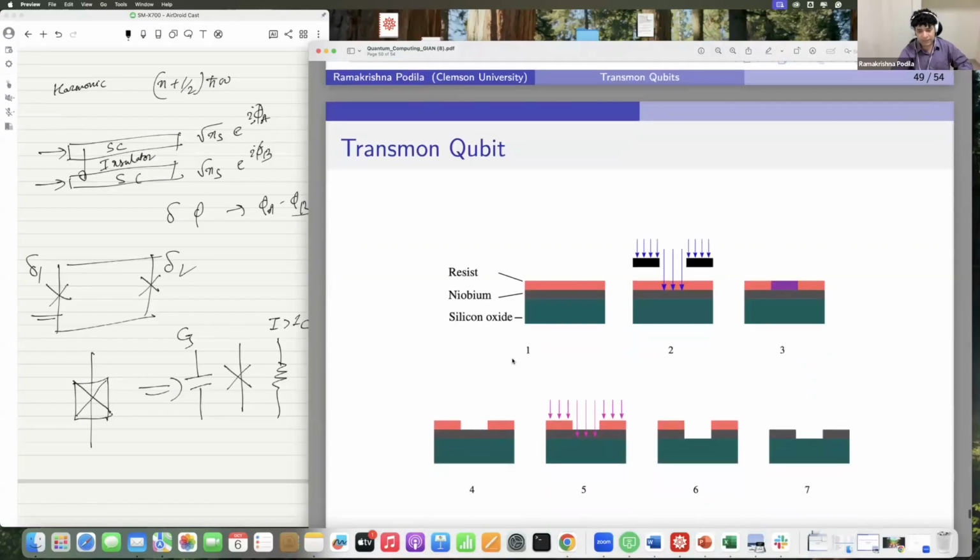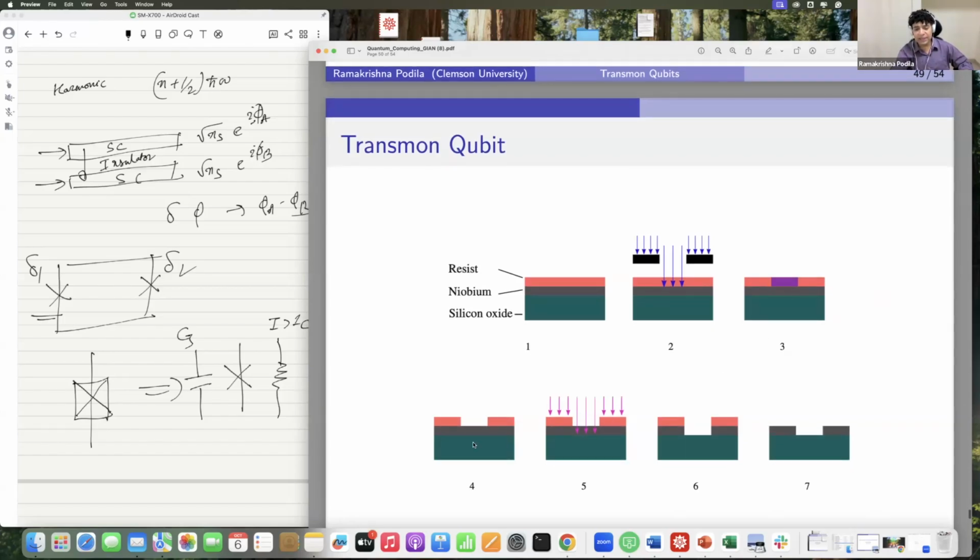And we briefly discussed how we make this transmon. You have silicon dioxide, and niobium or aluminum, whatever material you would like to use as your superconductor. We're going to millikelvin temperature, where most of these metals superconduct. So you make the islands.